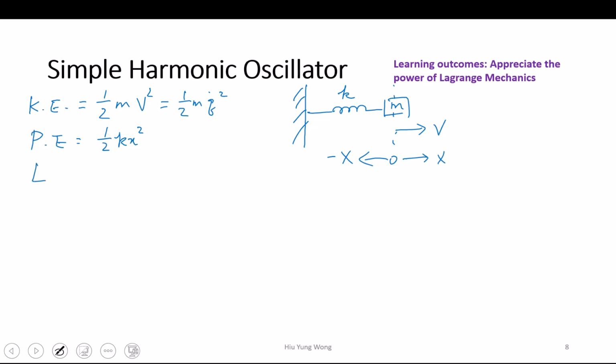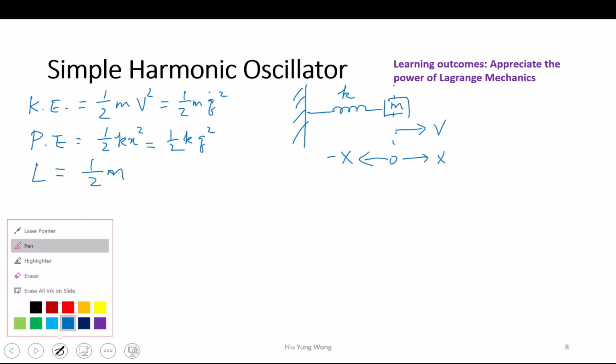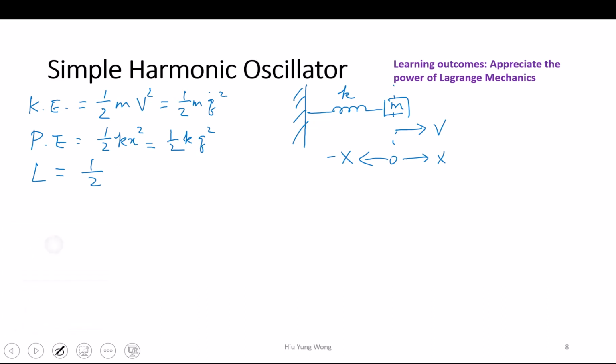So the Lagrangian of this system equals half, and this I don't want to write x, I write it as q, just as an exercise to make this very generalized, m q dot squared, and then what's the Lagrangian, remember? Kinetic energy minus potential energy.